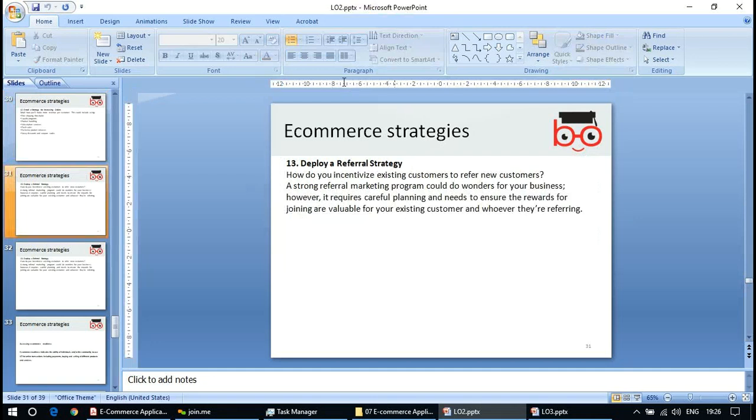Deploy a referral strategy. Do you know anything about the referral strategy? No, I don't. Oh, hang on, I think I've worked this out. If you recommend a product or a service to somebody else, then you will get some sort of discount on your next month's payment.